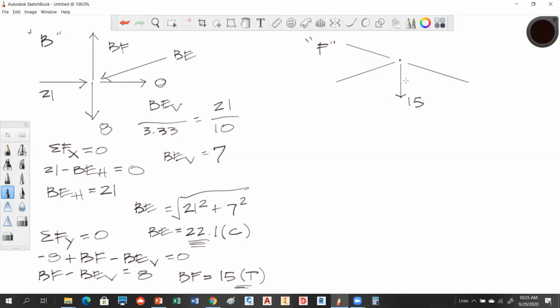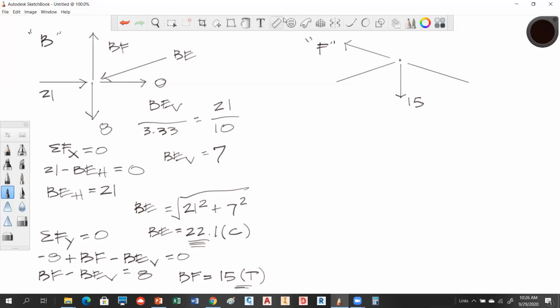GF, didn't we solve that as tension? You have to go back and look on your earlier sheets. Anybody help me out? Was that tension? Yeah. Okay, so that's a tension member.